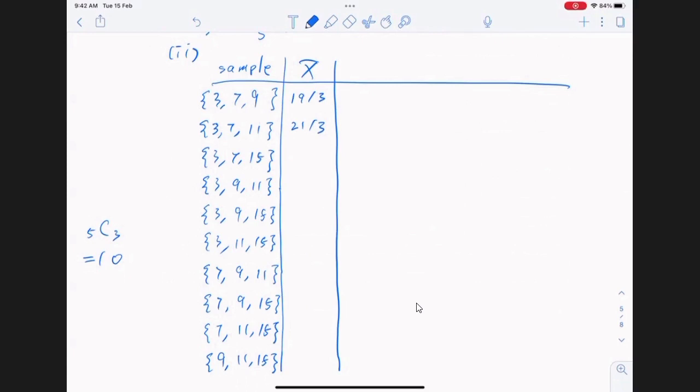Similarly, if the sample you draw is 3, 7, and 15, then the sample mean will be 25 divided by 3, and so on.